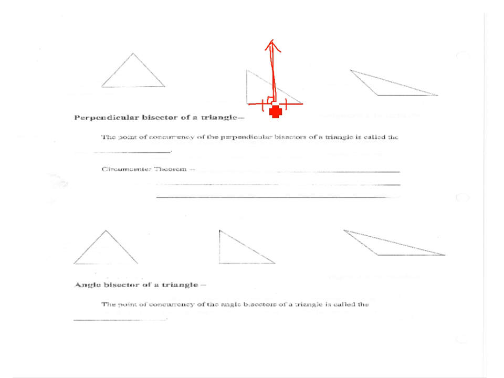So let's write in this definition. Perpendicular bisector of a triangle is anything that bisects and is perpendicular to the side of a triangle. And you'll probably never see me write perpendicular bisector out.